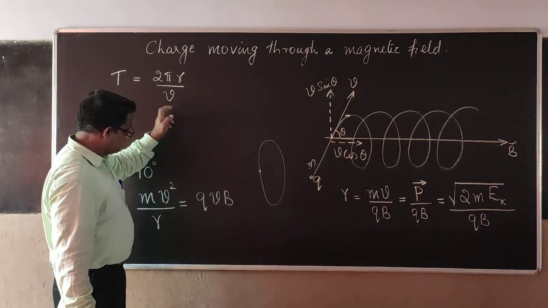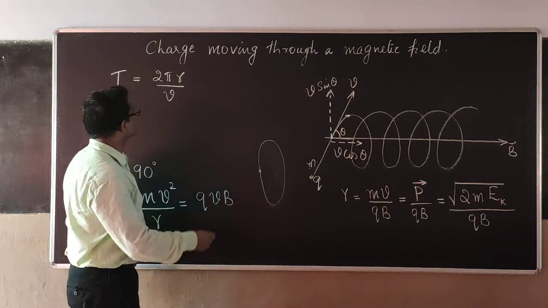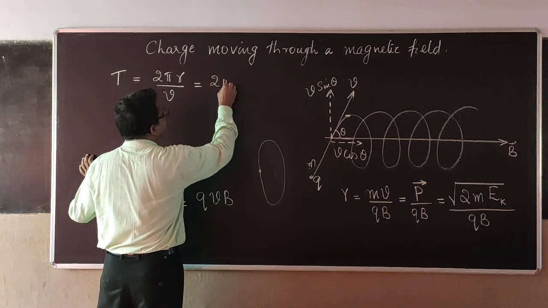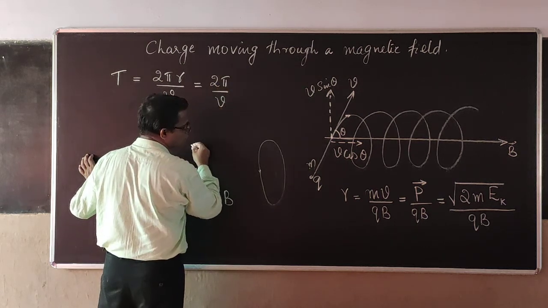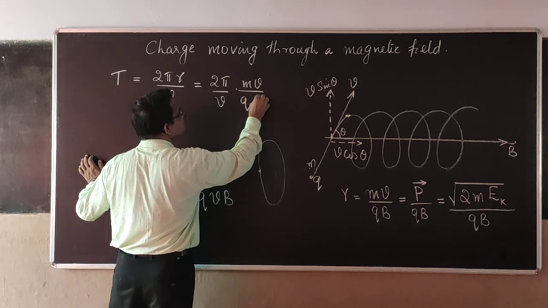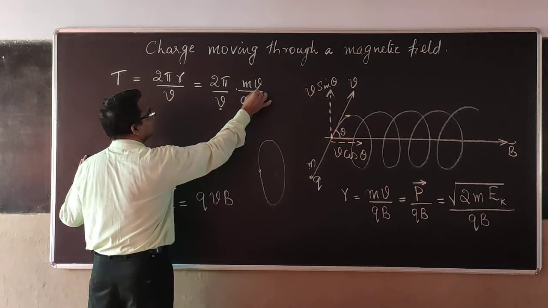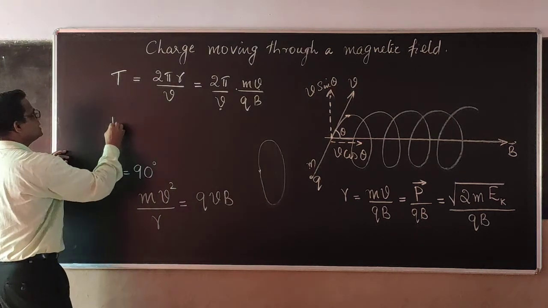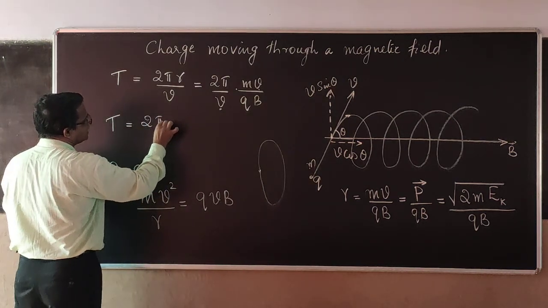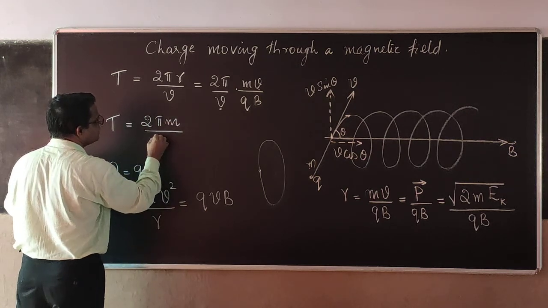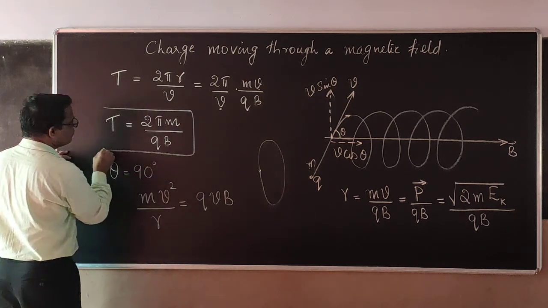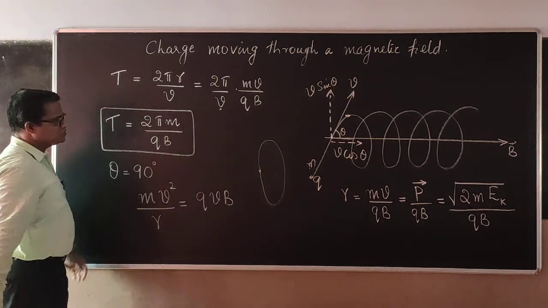And you will find the equation for r from here, and substituting, you will be getting this as 2 pi r by v, which is 2 pi by v into m into v divided by q into B. Therefore, this v and this v cancel, and you get the time period T equal to 2 pi m divided by q into B. Very important equation.